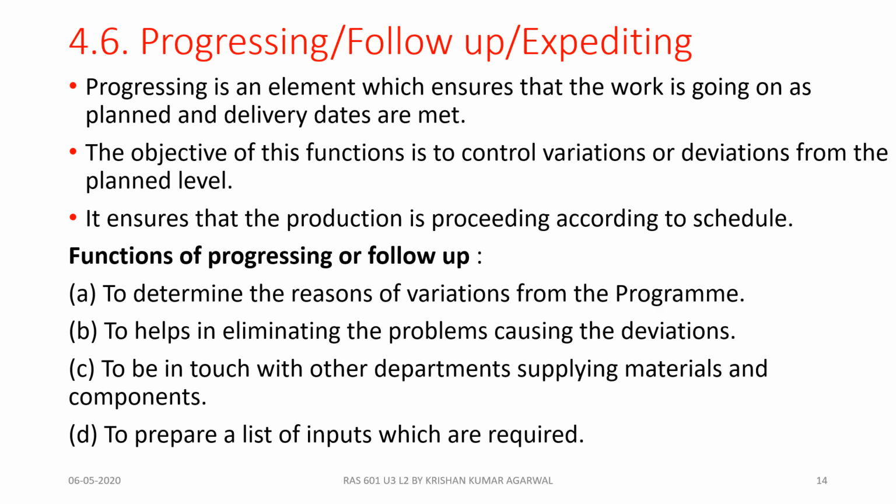They have to be in touch with people from other departments in order to remove the problems, like maintenance people, quality people, production people. They have to prepare a list of inputs which are required in order to correct and replan the schedule.